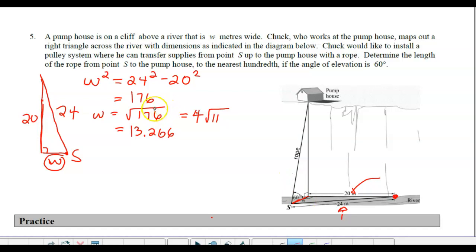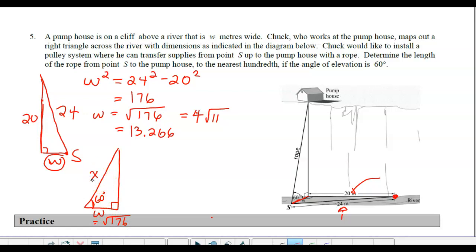I'm actually going to use the exact form in my calculations, but now for that triangle, let me draw that one. So now this is 60. We found W here, and the exact value is root 176. And we want to find out the length of the rope.